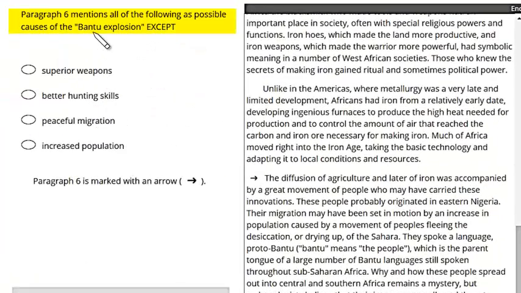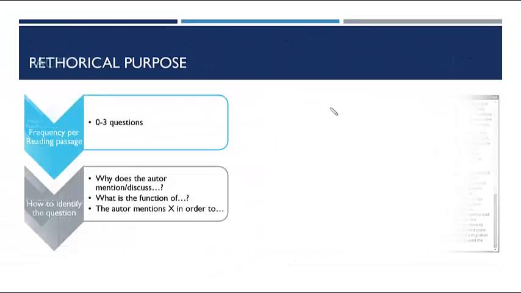As you can see, here we have the keywords: paragraph mentions all of the following as possible causes of the except. Except is also a word that is important to notice because just by reading this, you are going to know that this is about negative factual information.